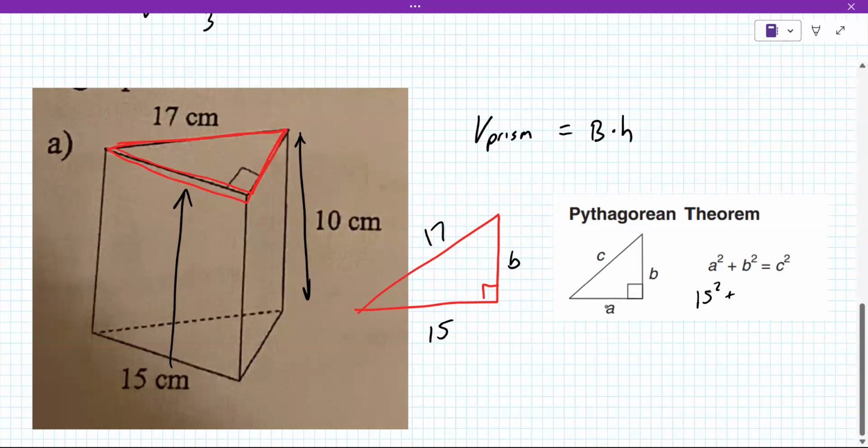Do you know the plus value of B? Plus 10 squared equals 17 squared. B is not 10. B is the unknown. We don't know B.